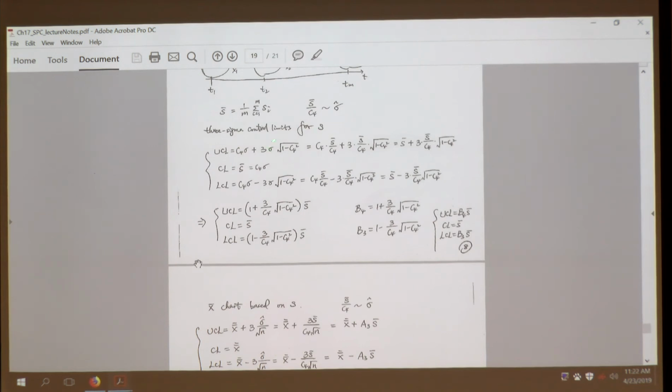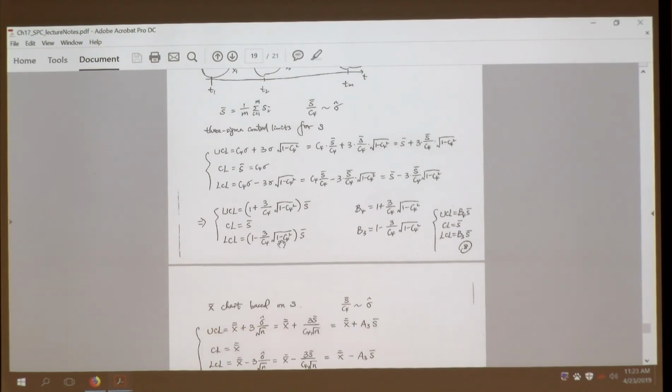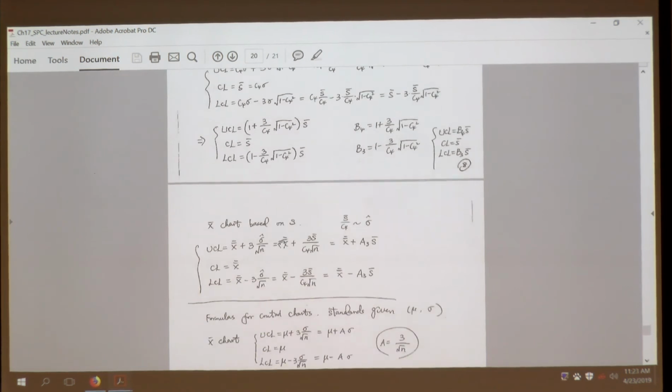For S, the standard deviation is sigma times the square root of 1 minus C4 squared. So up to now, we will be able to get the upper control limit, center line, and lower control limit for the S chart.